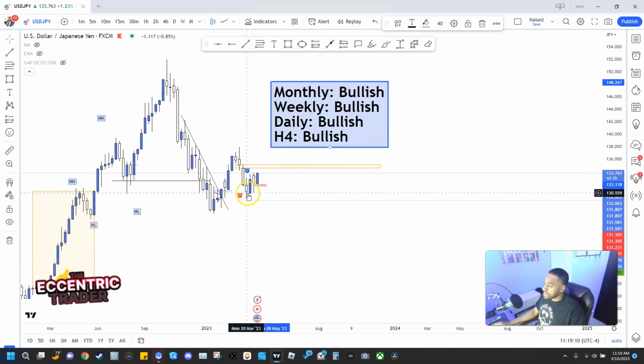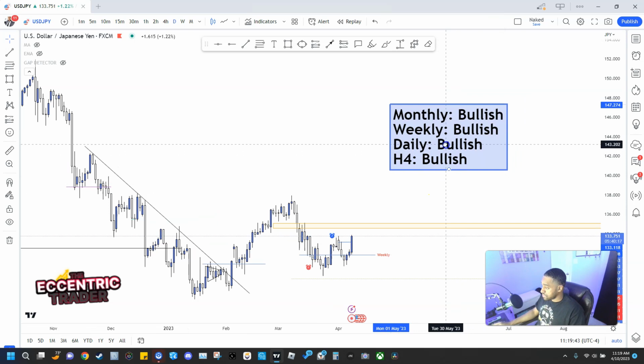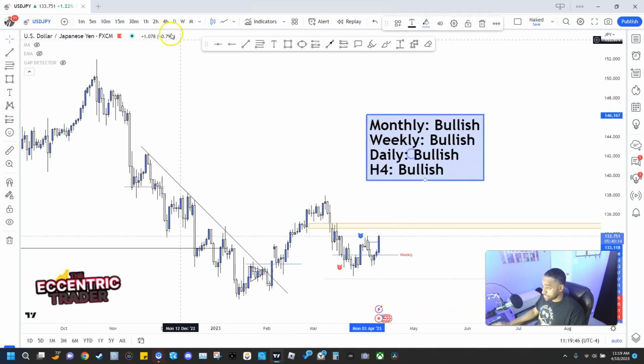We can identify this as some type of bullish variation, bullish engulfing, but if you don't verify that price pushed up, broke this level of resistance, then came back down to test newfound support on the lower time frame, then sometimes it can be, I don't say fake outs, because I don't really believe in fake outs. It can be just that the market wasn't ready, it could be noise, you know what I mean? But yeah, let's go down to the H4 to see what's going on. But daily is bullish.